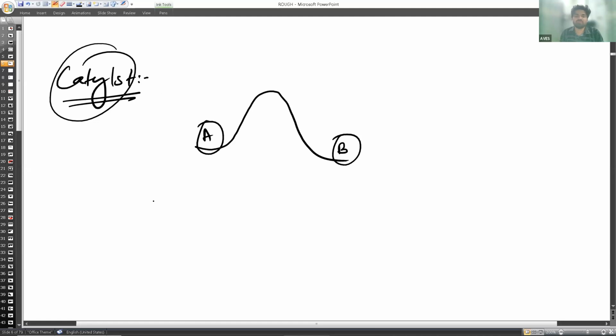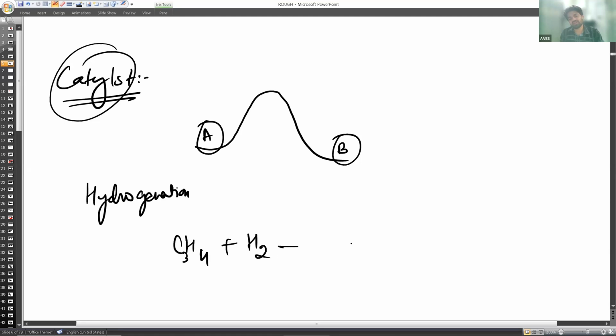For example, in a hydrogenation reaction, if you have C3H4 and you pass hydrogen gas in the presence of palladium, platinum, or nickel, any one of them, then it will get converted into C3H8.